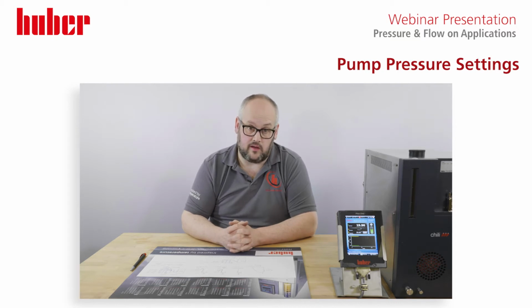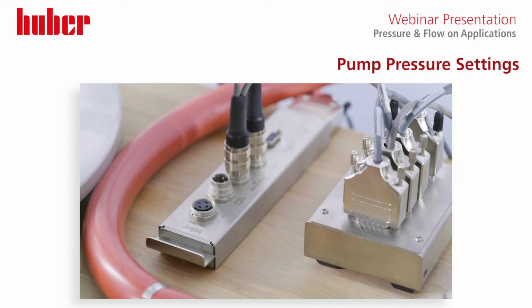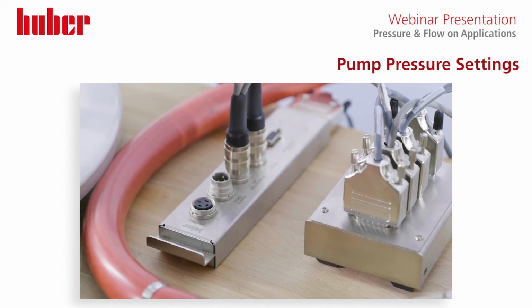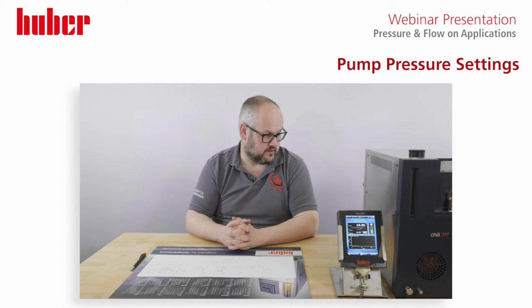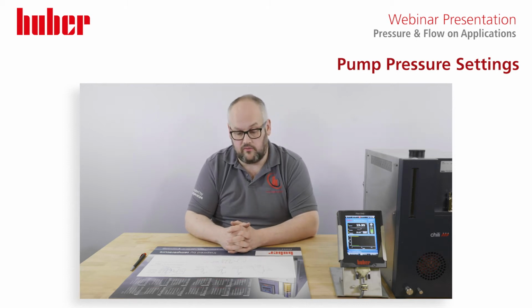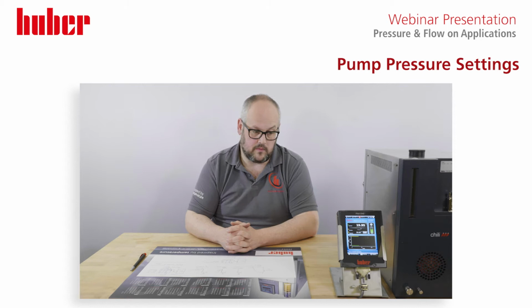This is done via a Huber comms gate, and in this case, because I want to tidy up the wiring on the system, I'm going to use our CAN gate, which is an extension of a CAN bus system. It allows us to connect multiple flow control accessories at once.